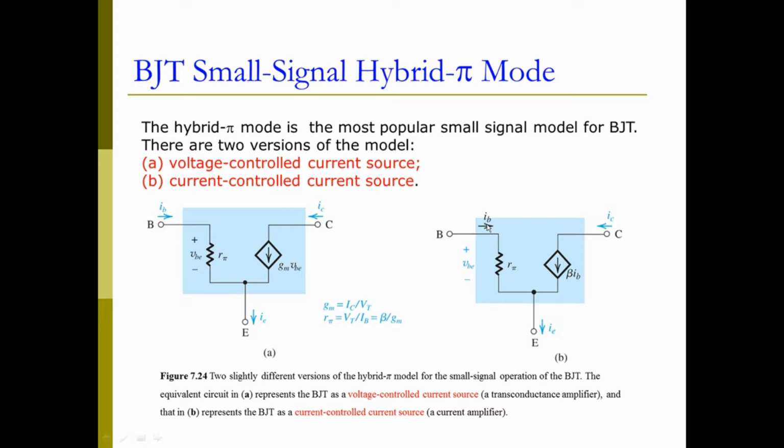And we can also see this as a current controlled current source. Now we have a current into the base, through this resistor R pi we just derived, and then we are going to control a current that equals beta times IB, right? This relationship, IC equals beta IB, has been derived in the first part.